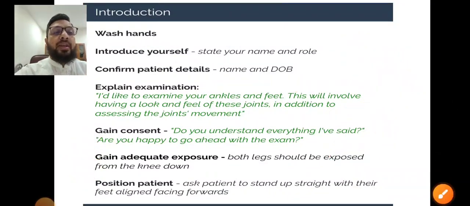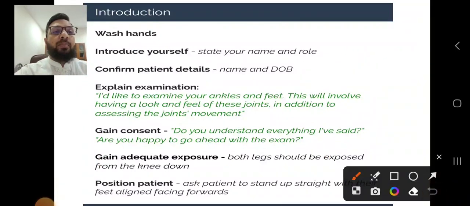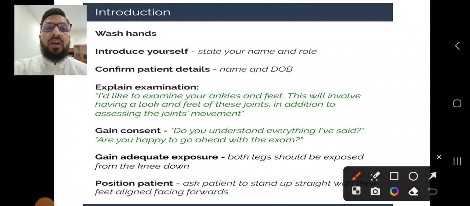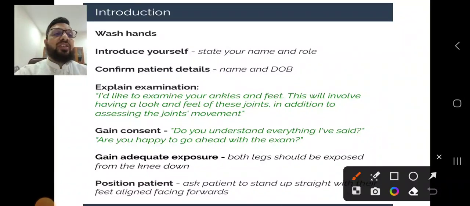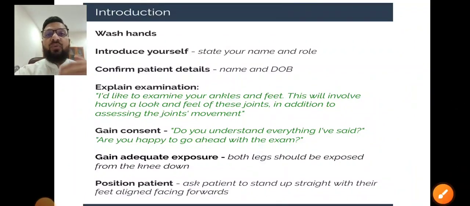Remember, it is important to ask for a chaperone in the MRCS exam. So you will say that don't worry, we have a chaperone with us, and also you can keep your shorts. After that, the position of the patient, obviously that is important, and that varies for each and every test.